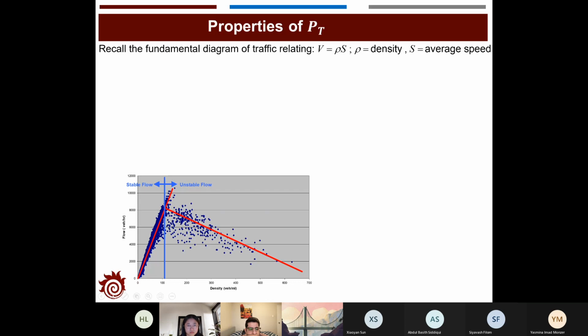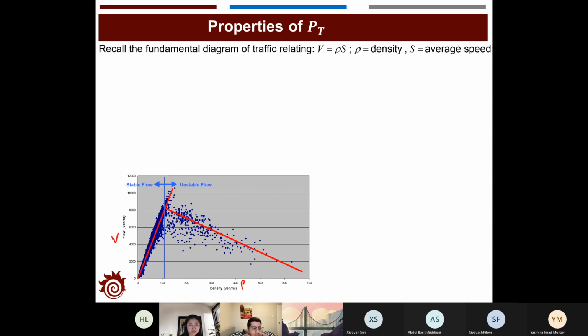And now what we care about is the relationship between the cost and the volume. Here, flow is the volume, and density is the number of vehicles per unit distance.